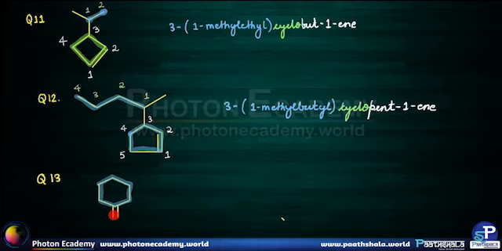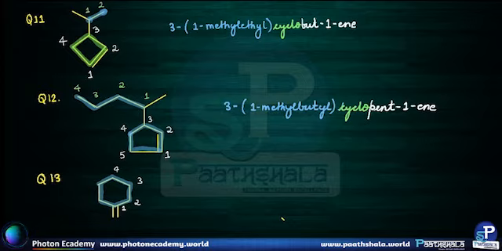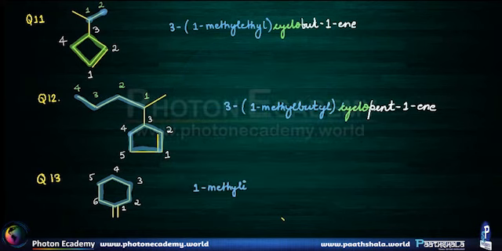So I'll just name this compound. Let's do the numbering first. The correct numbering will be 1, 2, 3, 4, 5, 6. So the correct IUPAC name for this compound will be 1-methylidene. Just very carefully see that after methyl I'm adding idene.